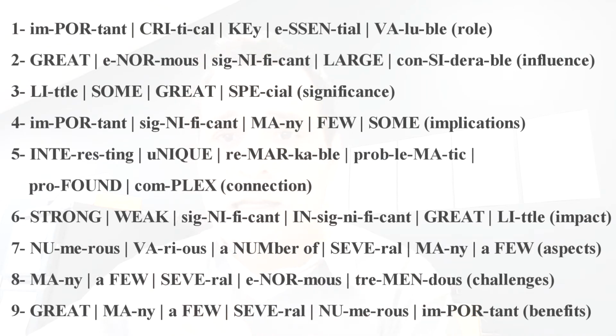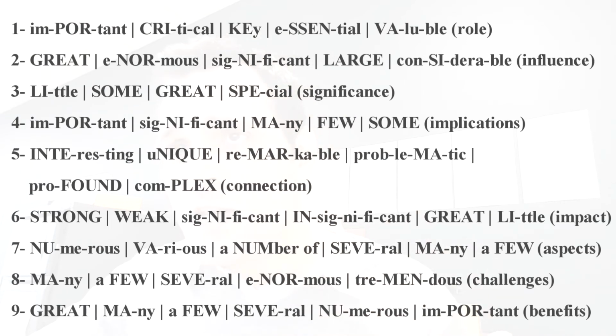How about the word significance? Well, I can say little significance, some significance, great significance, special significance. Now, with the word implications, I can say important implications, significant implications, many implications, few implications, some implications.